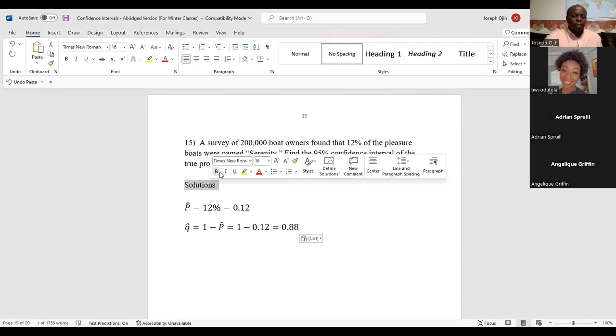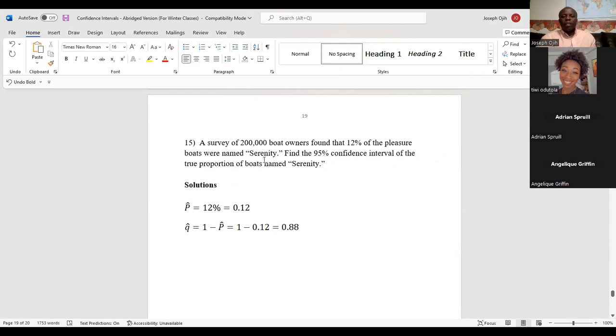So now we have this. Our N is a survey of 200,000 pleasure boats. Our N is 200,000. So N is right there.